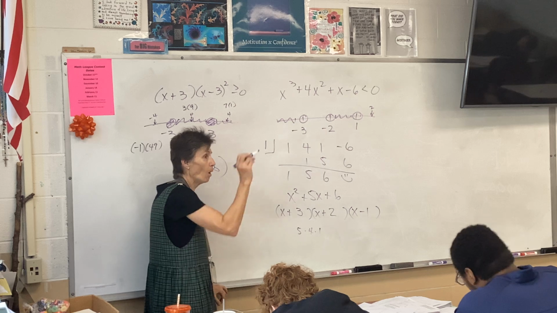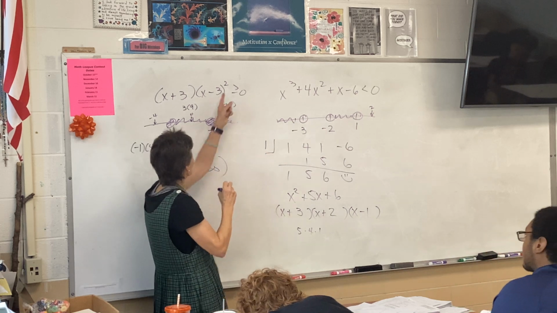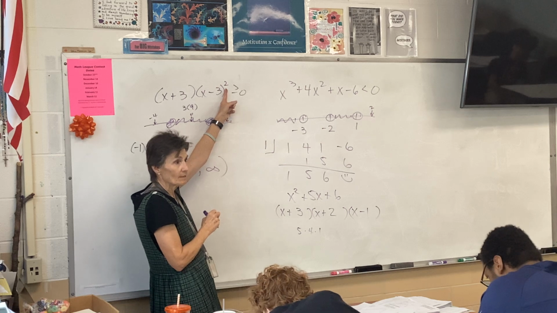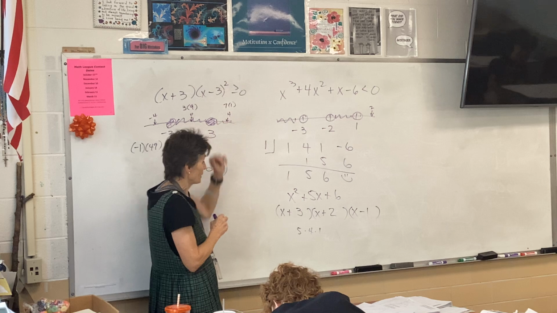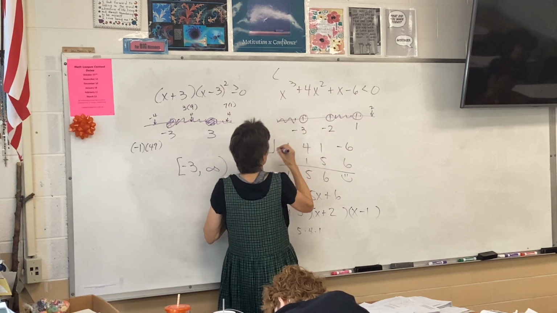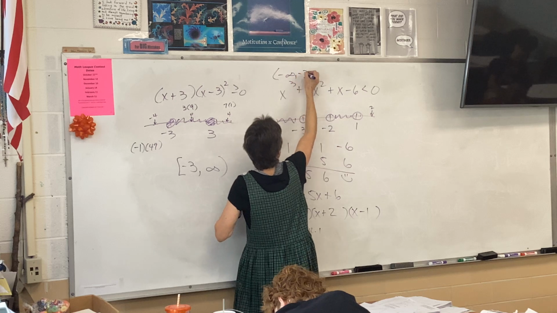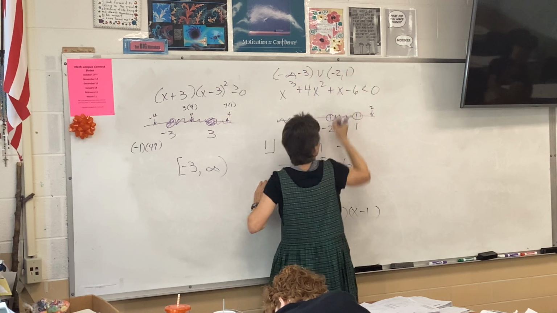Again, I'm always allowed to shortcut that, do that alternating thing, as long as I don't have this, right? That is when I can't shortcut. So here's my answer: negative infinity to negative 3, and then negative 2 to 1.